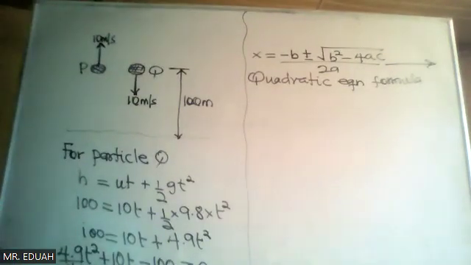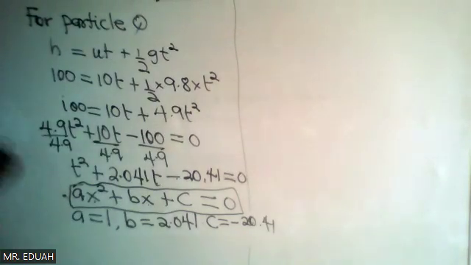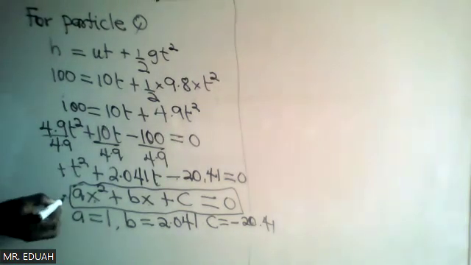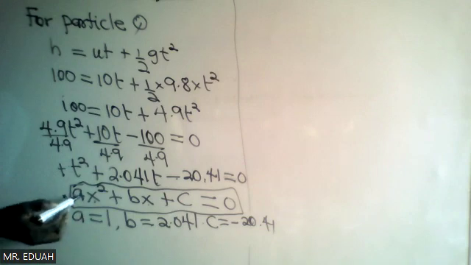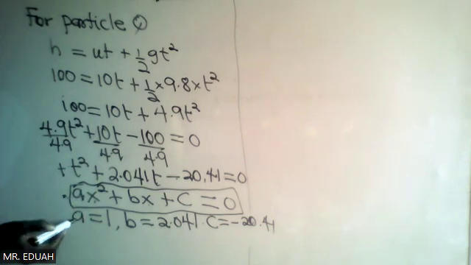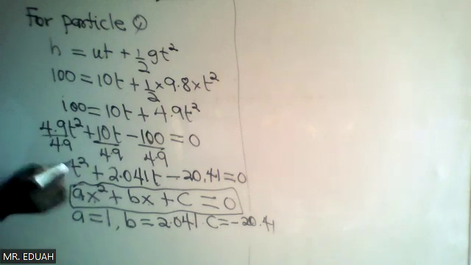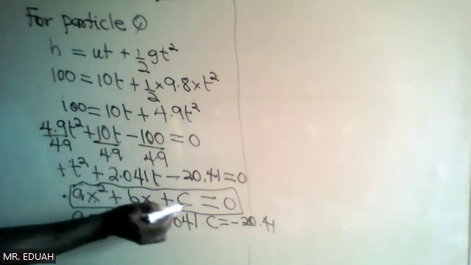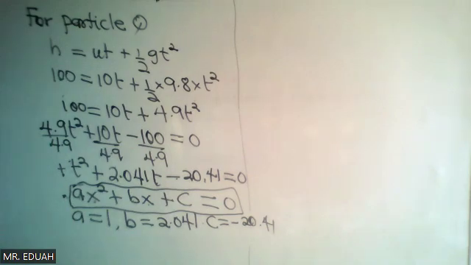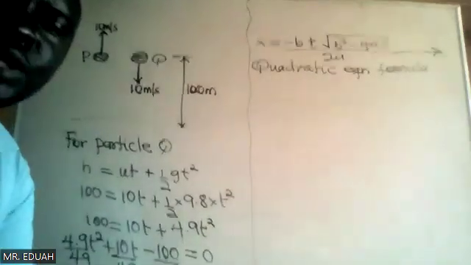So that is why I compared what we have to the general formula, and then determined the coefficients A, B, and C. After getting A, B, and C, you substitute them into this formula.